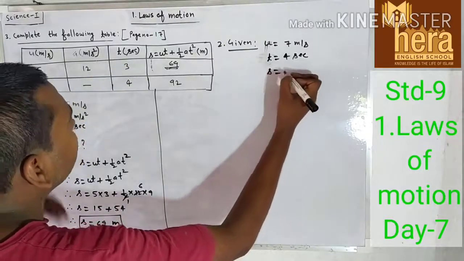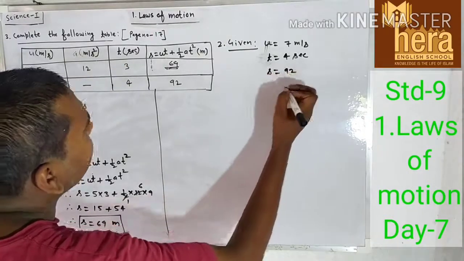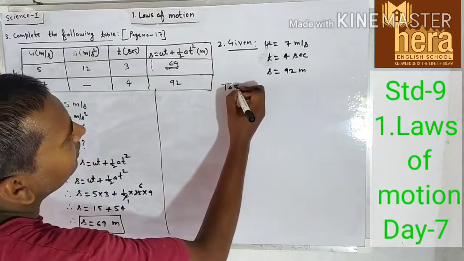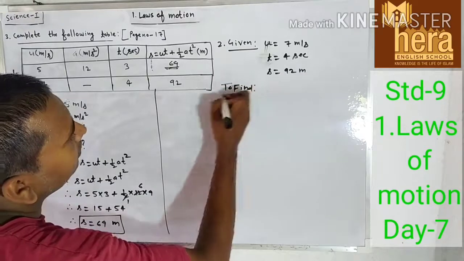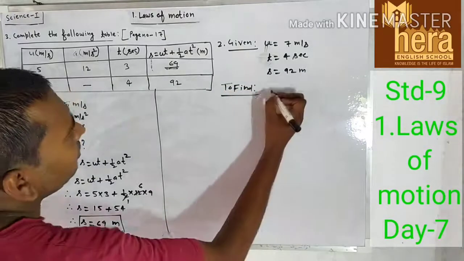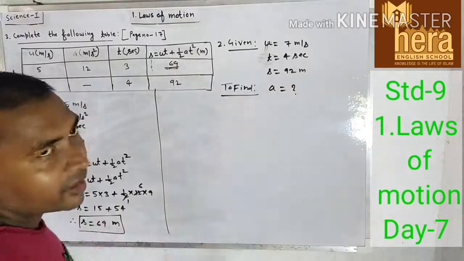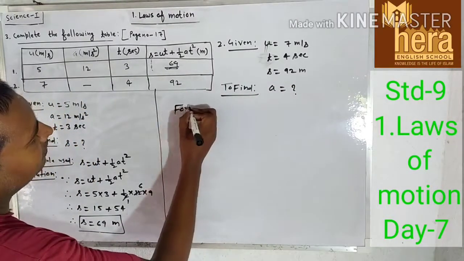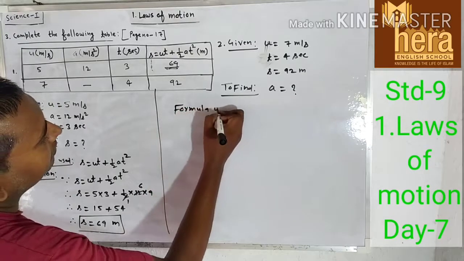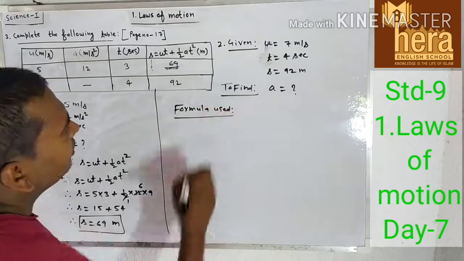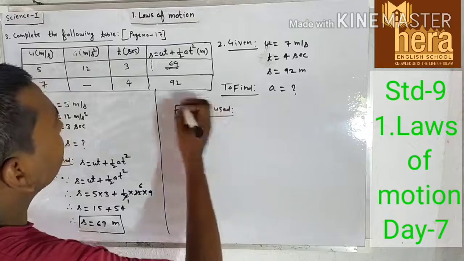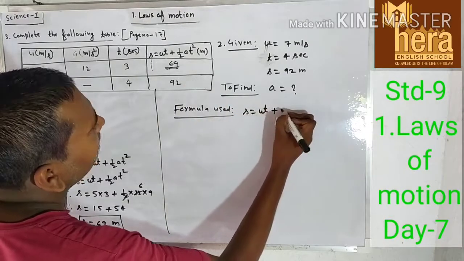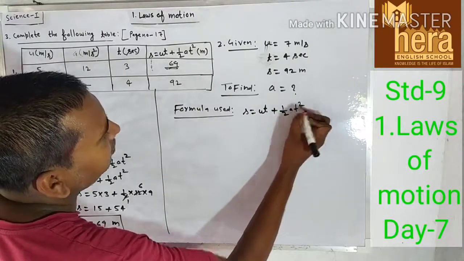S is equal to 92 meter given. To find A is equal to question mark, right? Then formula used. S is equal to ut plus half at square.